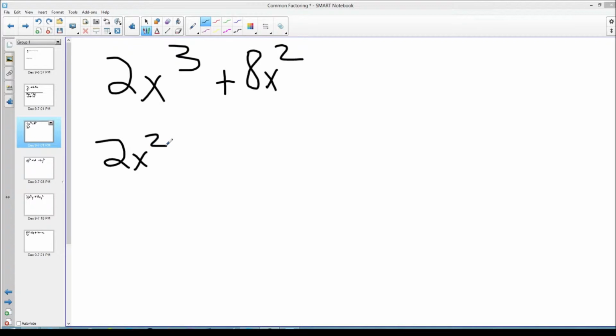So we could have an x squared here. We would be left with an x, and then plus, and then to get the number after the plus, we would divide 8x squared by 2x squared, which would give us 4.